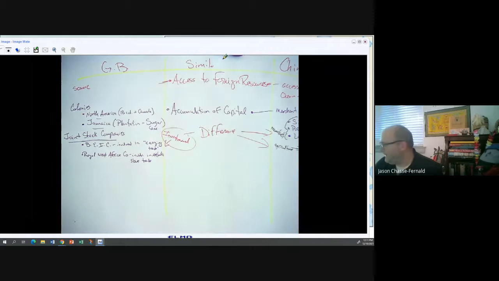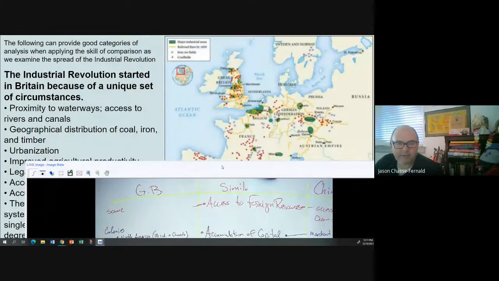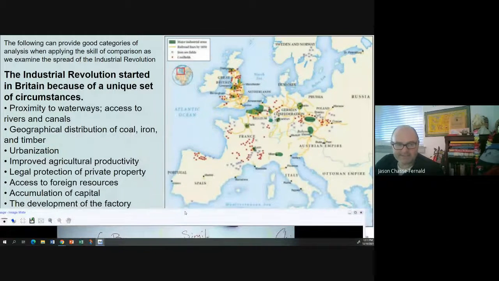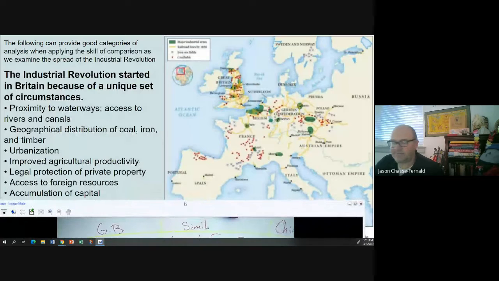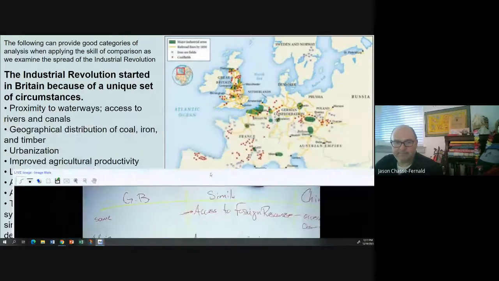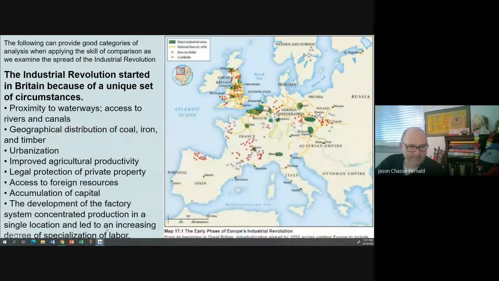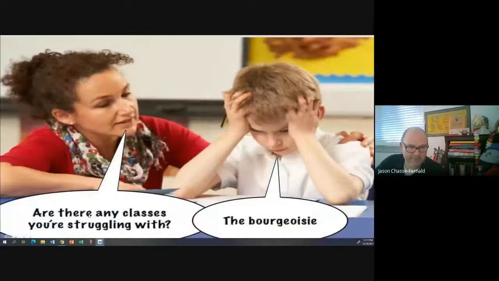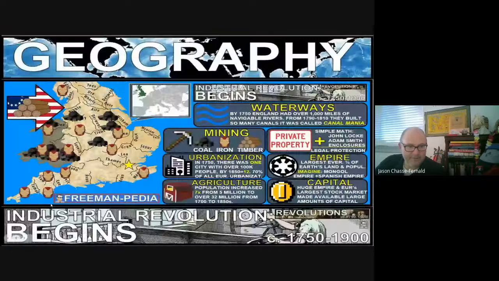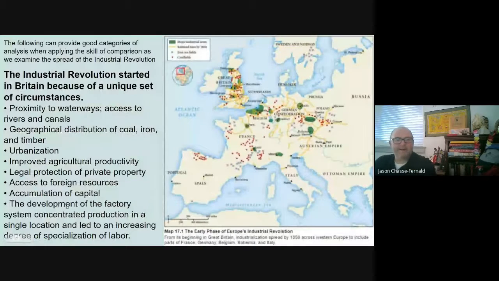That is maybe a unique difference. So we're seeing some differences in law, right, and protection of private property rights, and we're also seeing some differences in the accumulation of capital. All right, and of course that next little blurb here. Let me hit it with it. There we go. All right, so this last little bit here, the development of the factory system.